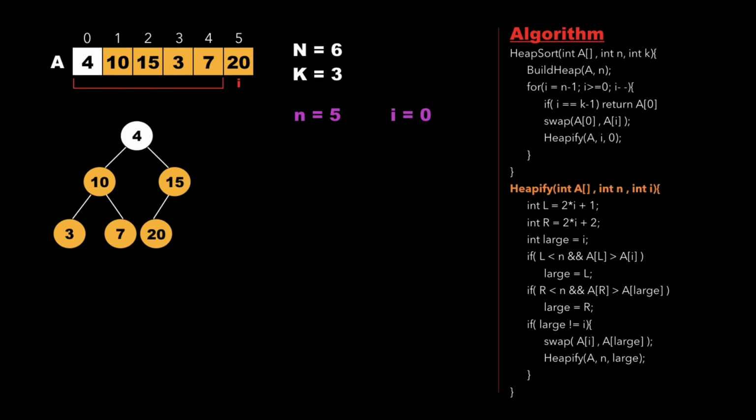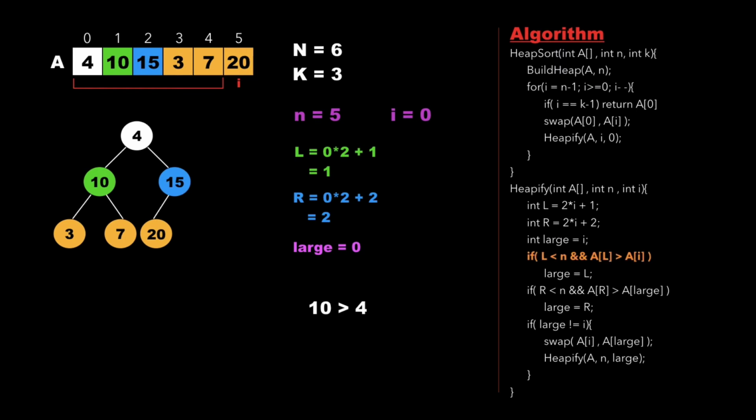So the value of I here is 0, and we calculate the left and the right indexes, which are 1 and 2, initialize the value of large as 0, then check whether if A of L is greater than A of I. Since 10 is greater than 4, we update the value of large as 1, and we also check whether if A of R is greater than A of large, that is 15 is greater than 10, therefore again we update the value of large as 2, and then check whether if large is not equal to I, that is 2 is not equal to 0, therefore we swap A of I with A of large, that is we swap 4 with 15.